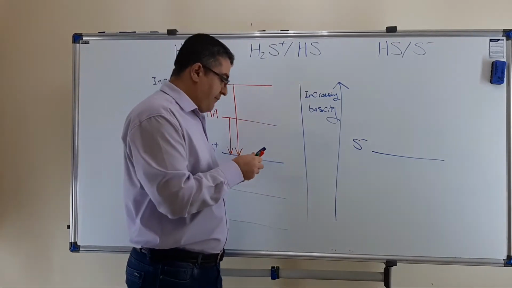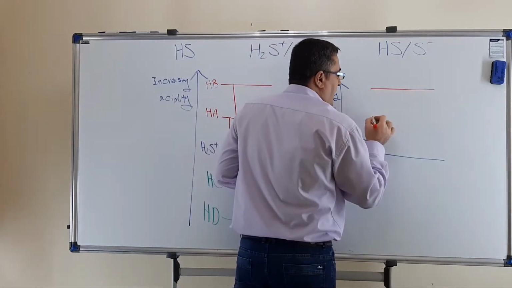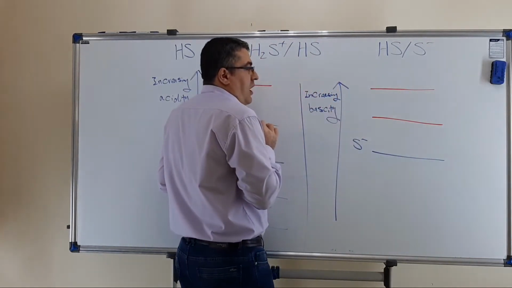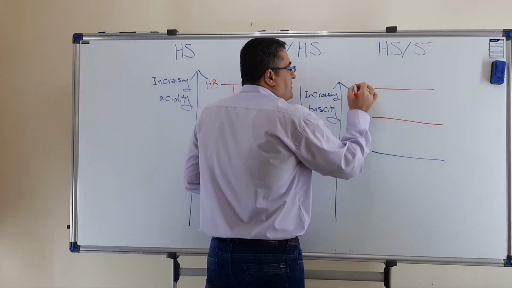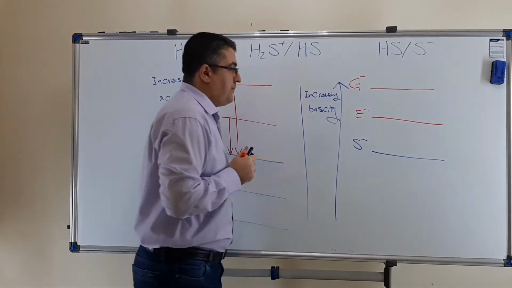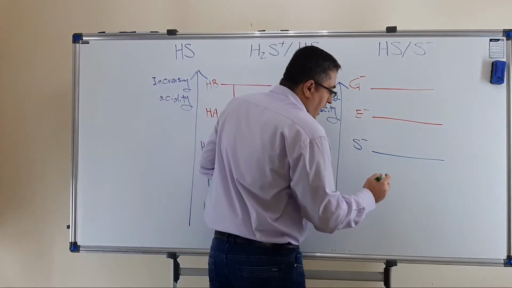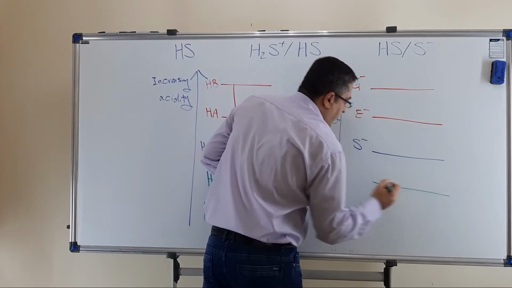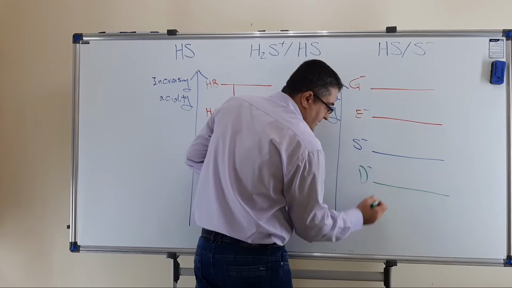We can have bases stronger than the conjugate base of the solvent, like E-, G-. Also, we can have bases weaker than the conjugate base of the solvent, like D-, C-.